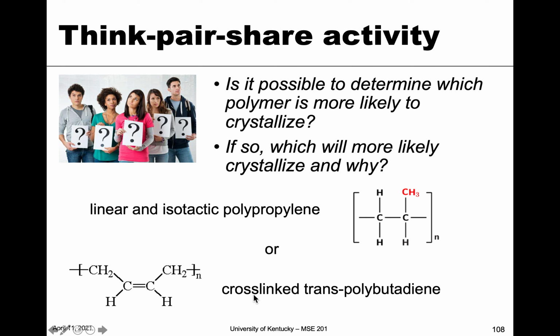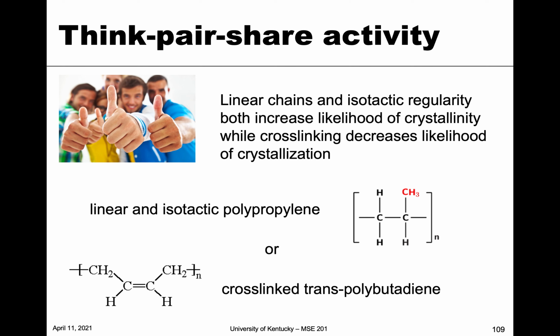So linear versus cross-link would favor polypropylene, and then the repeat units themselves would favor polypropylene versus polybutadiene. So there's a couple of factors, and the other one is just negated.